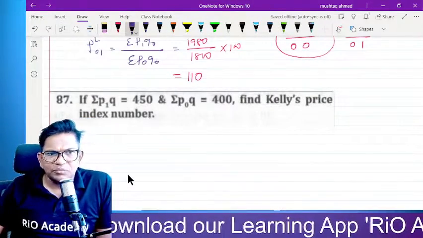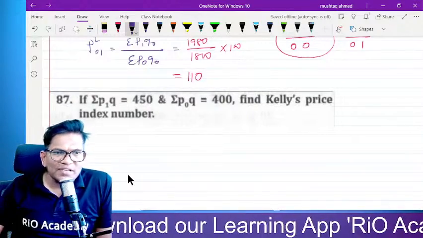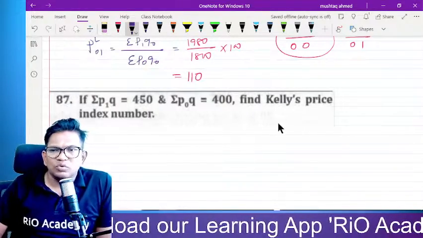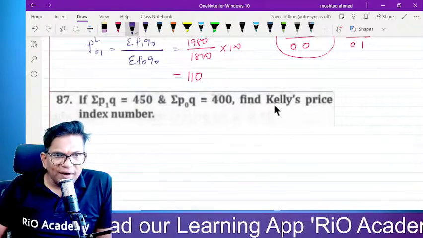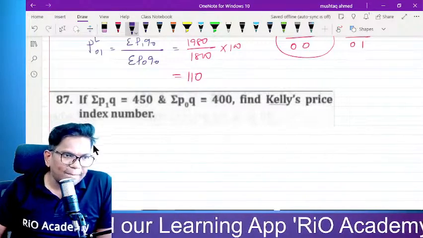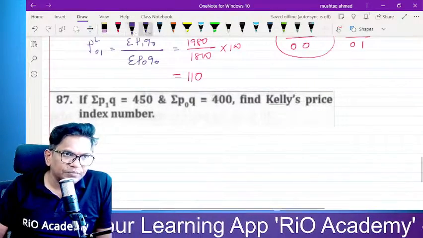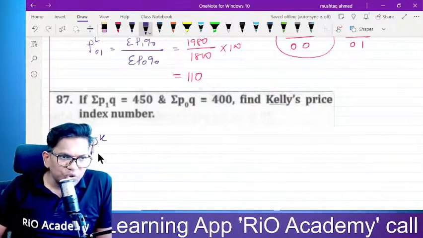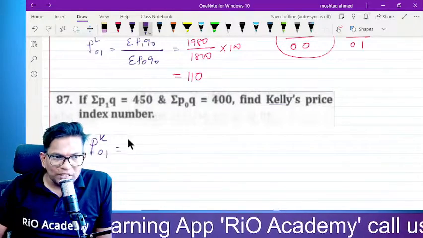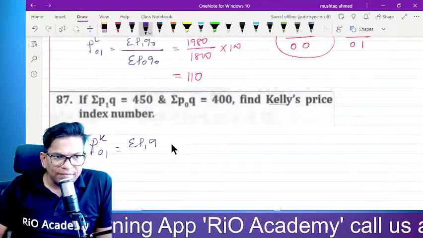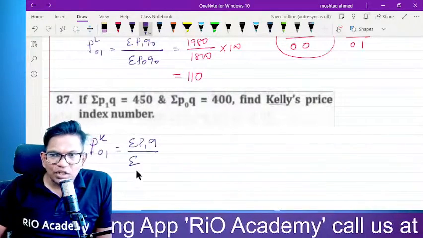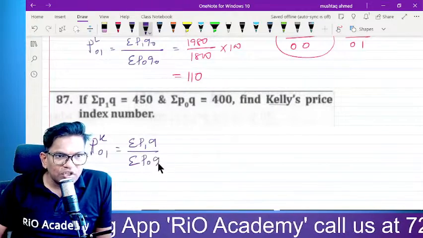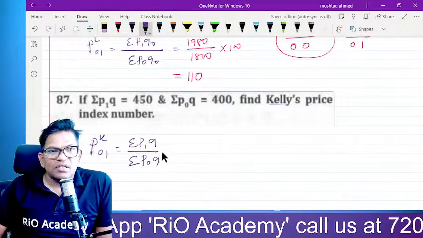That is why. Now, Kelly's index number, what does it say? Yes, sir. Find Kelly's price index number. P01 is equal to the summation of P and Q divided by the summation of P0 Q, multiplied by 100. Remember this.